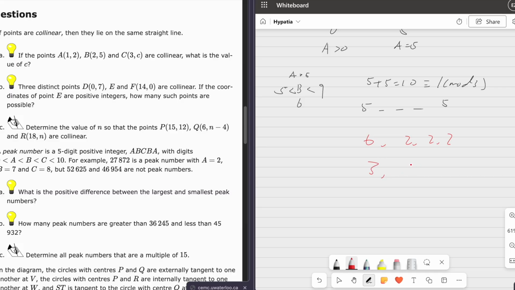We just need to analyze any number between 6 and 9 in modulo 3. So 6 is congruent to 0 modulo 3, 7 is congruent to 1, 8 is congruent to 2, and 9 is congruent to 0 modulo 3.